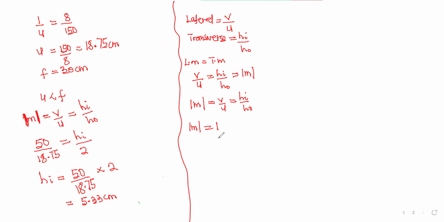In a plane mirror, object distance is always equal to image distance, and object height to image height. Now, if this is greater than 1, the image is said to be enlarged. And if linear magnification is less than 1, the image is diminished.